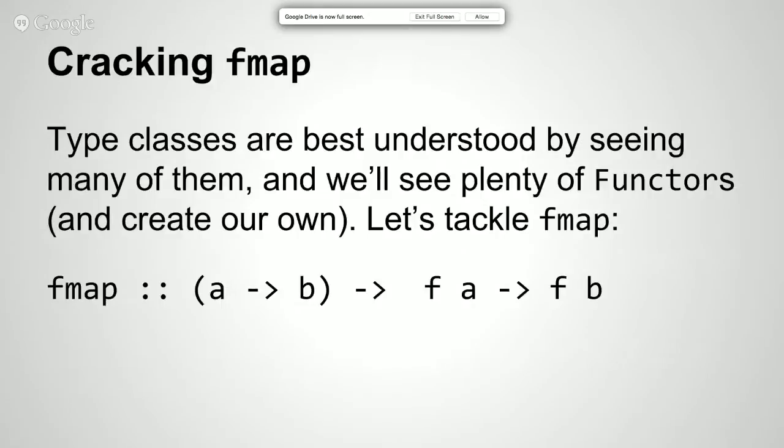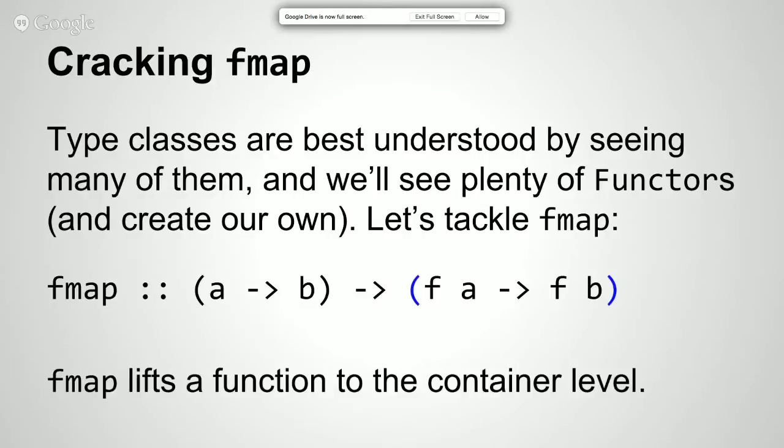So if you want to crack fmap and really understand what it is, it helps if you put parens around the last two arguments, because what it really does is lift a function from what you might think of as the scalar level to the container level. It takes an A arrow B and returns an FA arrow FB.